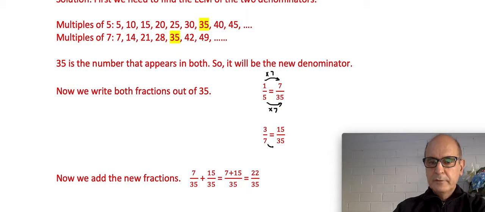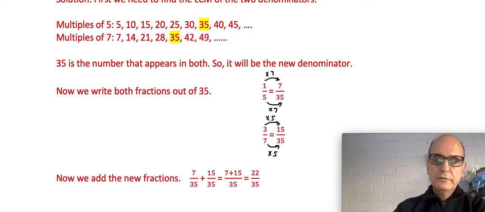Again, I ask myself, what number do I need to times 7 by to end up with 35? And in this case, it is 5. So 7 times 5 gives me 35. Because I times the denominator by 5, I need to times the numerator also by 5. And 3 times 5 gives me 15.